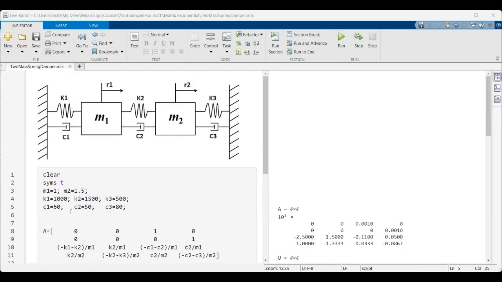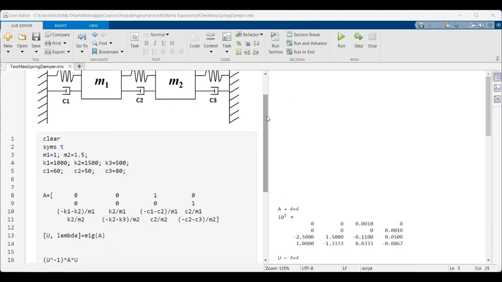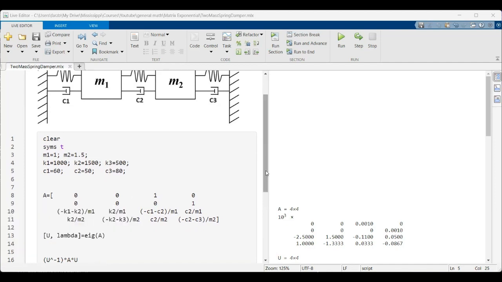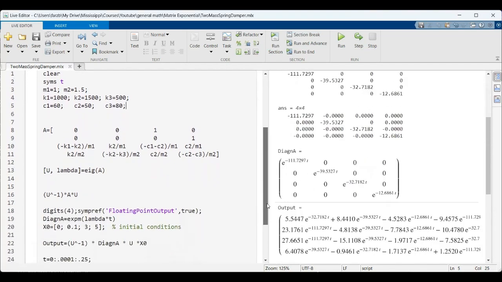The displacement of mass 1 is represented by R1, and for mass 2 it is R2, and we have 3 springs and 3 dampers. Then we define those values and we use the state space representation, meaning that we define displacement and velocities as independent variables. So we get a 4x4 matrix, as we explained at the beginning of the video.